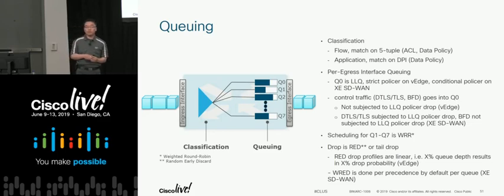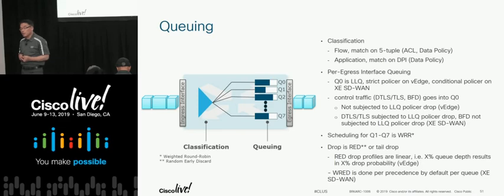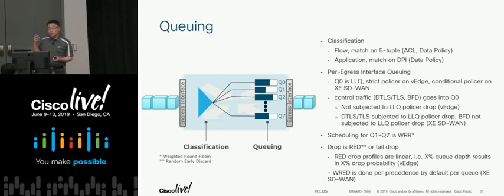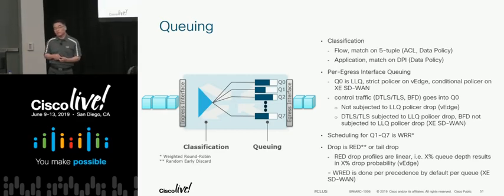What is strict priority policer? It means that during congestion, the traffic is still going to be forwarded, not subject to the congestion. The conditional policer is the implementation of the priority Q0 on the XE-SD-WAN platforms, which means during the congestion, the traffic in Q0 is subject to the policer drop.